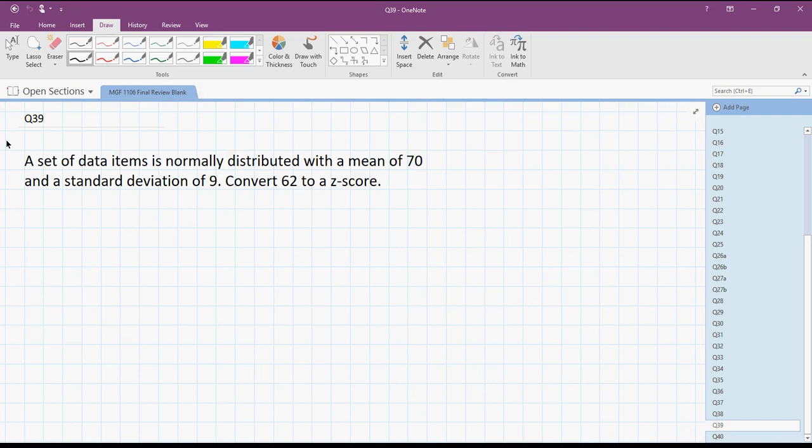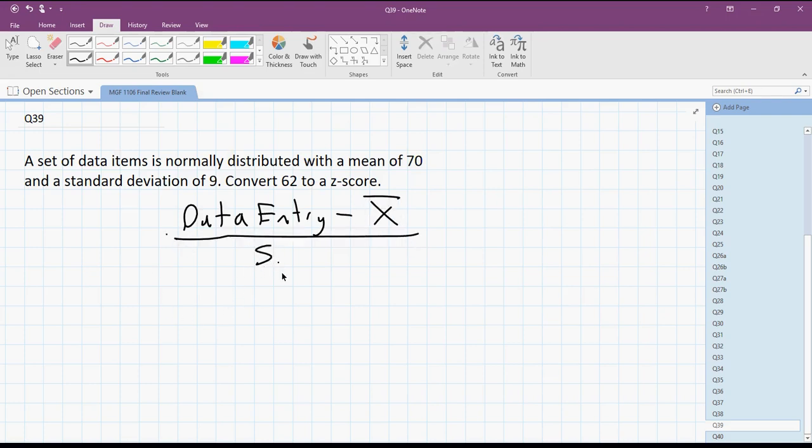All right, so it's the data entry minus the mean, all of this divided by the standard deviation.